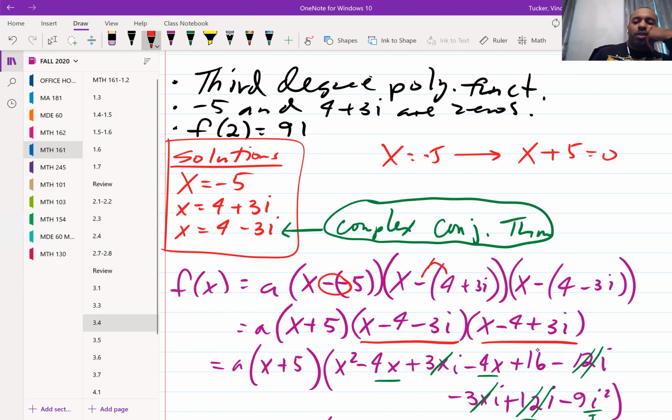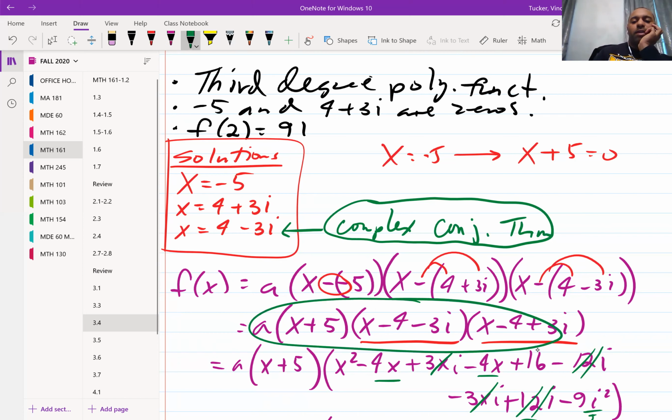Then we'll distribute this negative and distribute this negative. That will give us this result right here after we distribute our negatives.